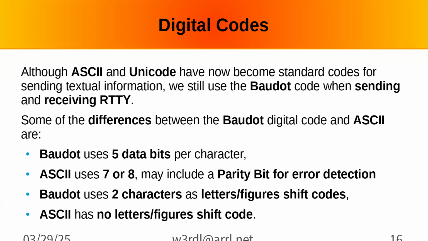And like we just talked about, on the shift code with Baudot, I don't actually know how it works, but it's my understanding that if you want to change to uppercase or the special characters, you've got to send a shift code character. And then to get back, you've got to do an unshift code. I don't think so.